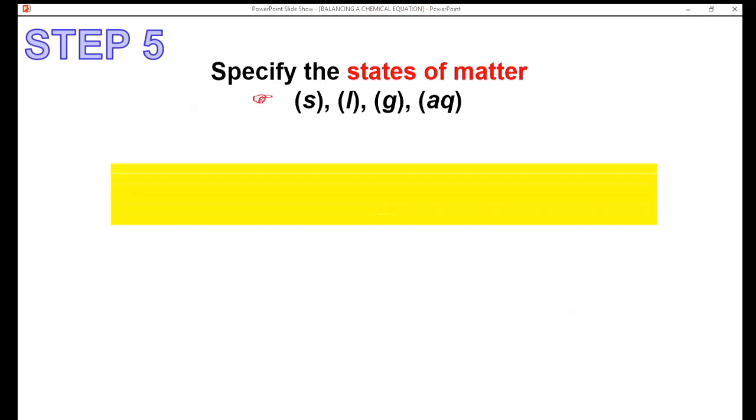In this case, since octane is in liquid form, we put liquid, and oxygen gas, carbon dioxide gas, and water vapor are also in a gaseous state. So we write the states of matter for each of the components in the equation.